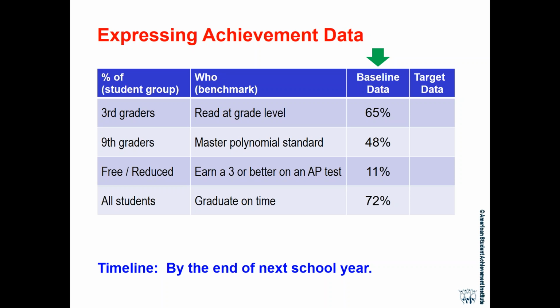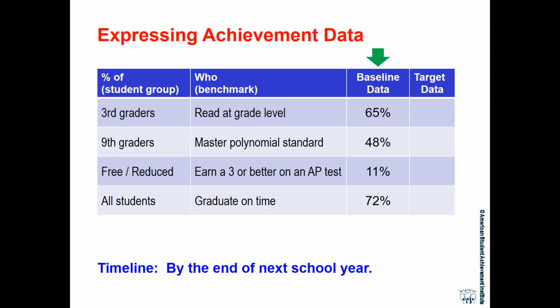So we've got a student group. It can be all students, or it can be a grade level, or it can be gender, boys, girls. The student group can be a subgroup, or it can be all students. And then there's the benchmark, and later we'll drop in the baseline data and the target data.